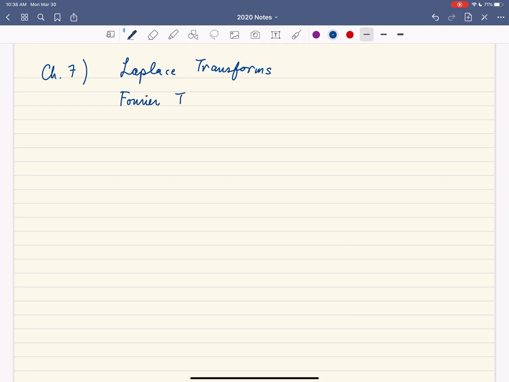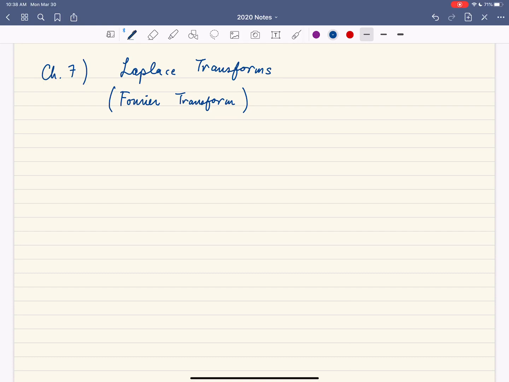Again, the Laplace transform is kind of a special case of the Fourier transform. We'll talk about the Fourier transform a little bit later, and I'll define exactly what it is. It's a slightly different object, but a little easier to describe and a little more useful for what we're going to do right now, which is the Laplace transform.